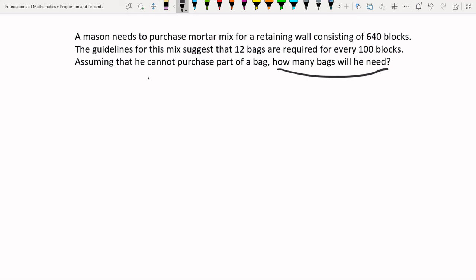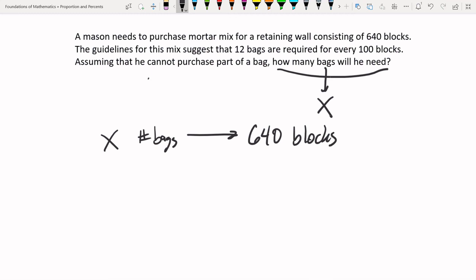How many bags? Well, we're trying to figure out what is the number of bags, and so that number is going to be x. So in other words, x number of bags goes to 640 blocks, because we're trying to figure out how many bags for 640 blocks.